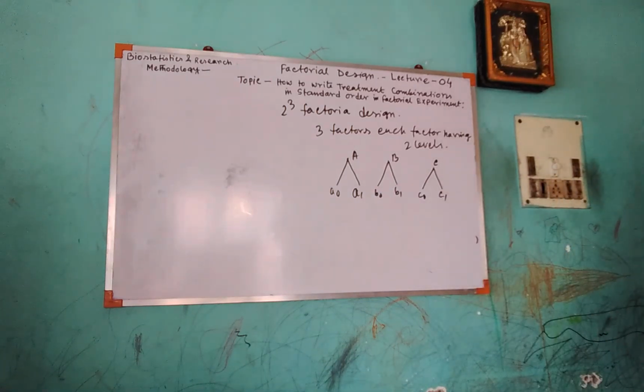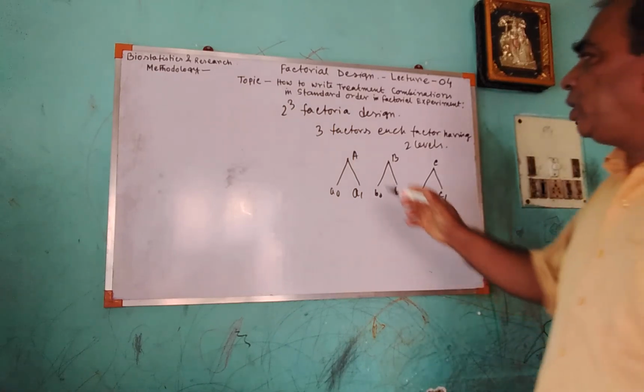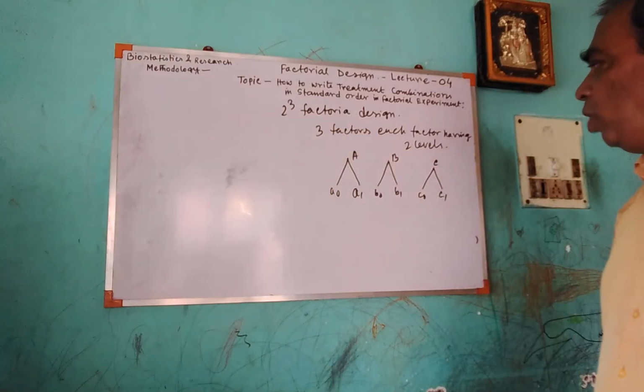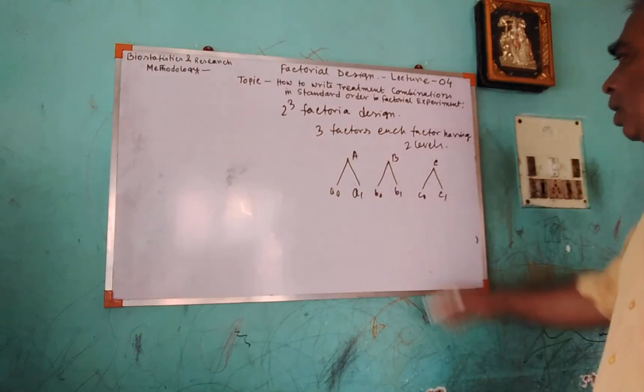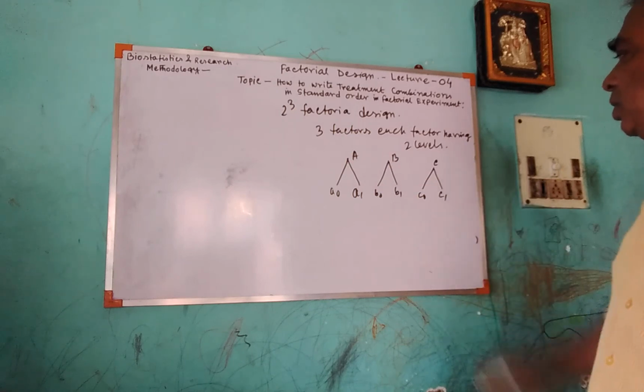So in 2q factorial design, there are three factors, each factor having two levels.